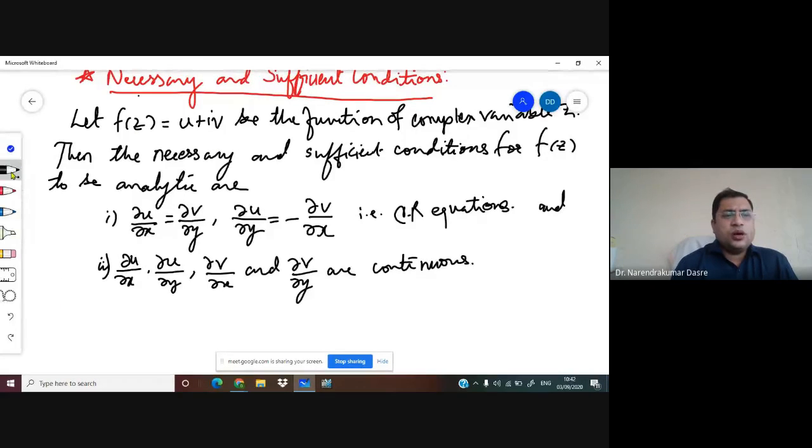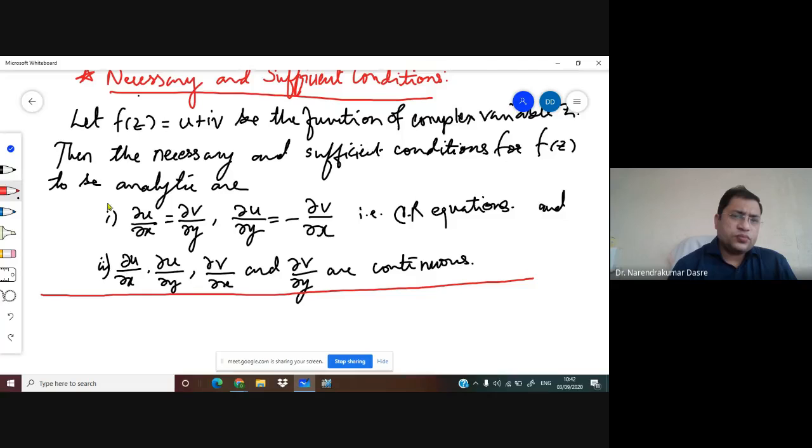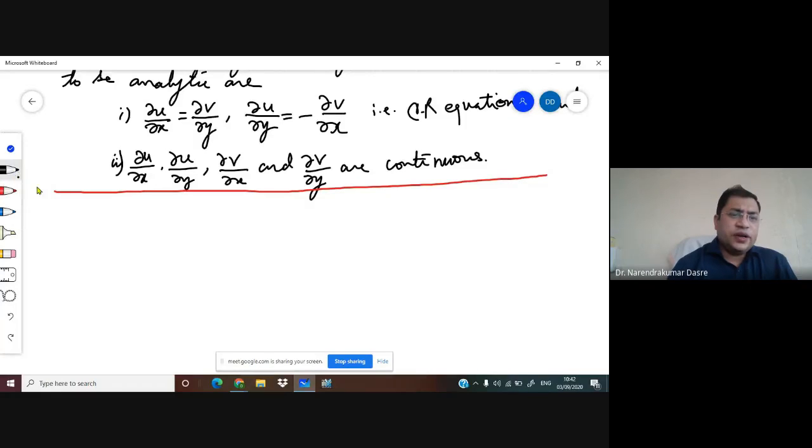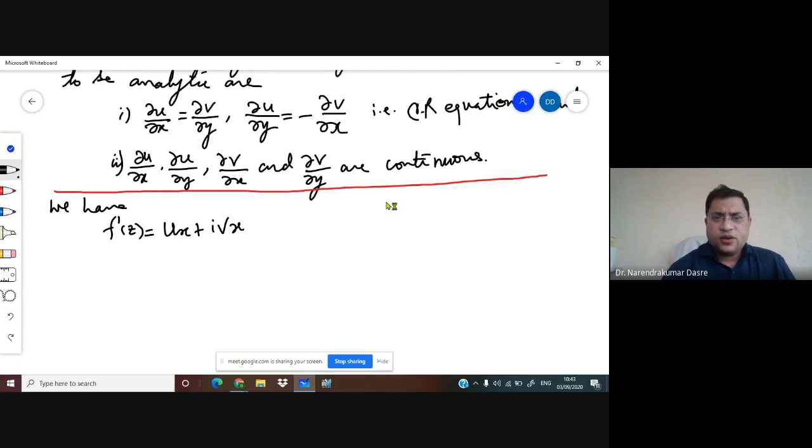Now, if I know these CR equations and the necessary and sufficient condition for the function to be analytic, then we are able to write the derivative of f of z. So f dash of z is equal to, if I consider the x direction, ux plus i vx.